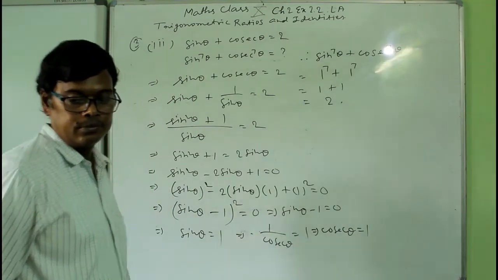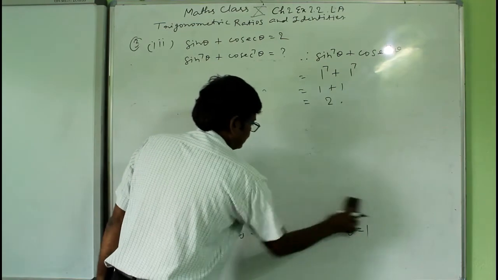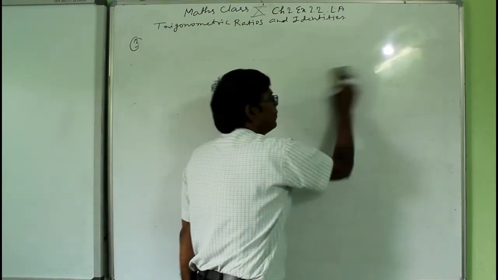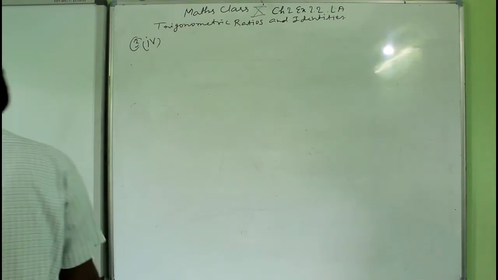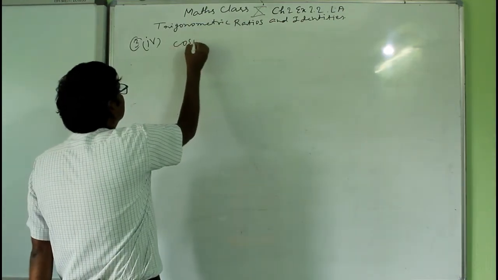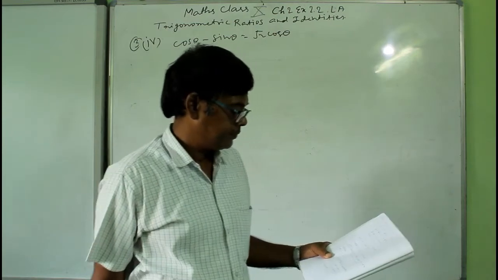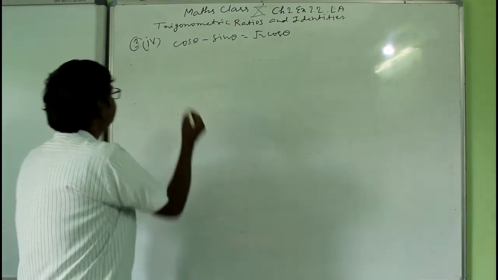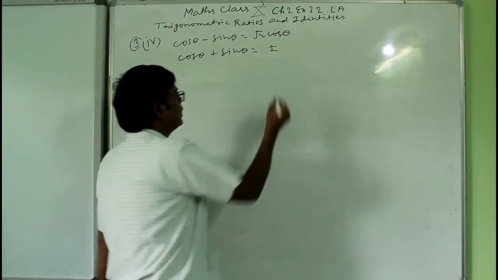Next is question number 4. Question number 4 is cos theta minus sin theta equal to root 2 cos theta, and then we have to prove that cos theta plus sin theta equal to plus minus root 2 sin theta.